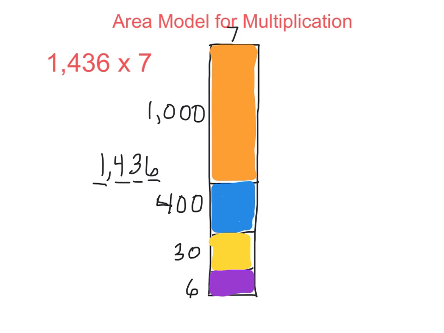All right, so now I'm going to look at that orange rectangle, and I can see that the dimensions of that are 1,000 by 7. So I'm simply going to multiply those two numbers together. 1,000 times 7 equals 7,000. So the area of the orange rectangle, therefore, is 7,000.